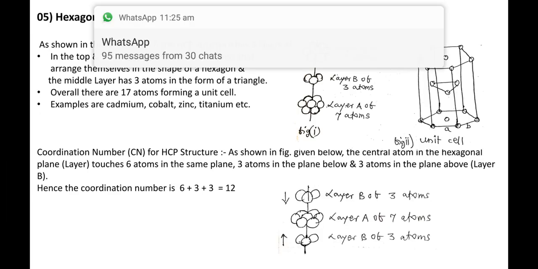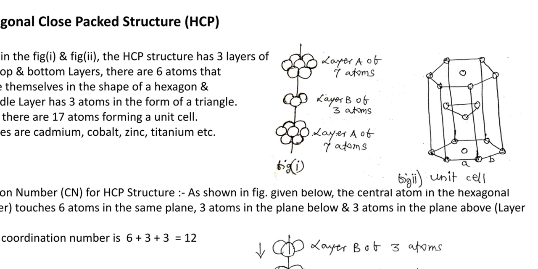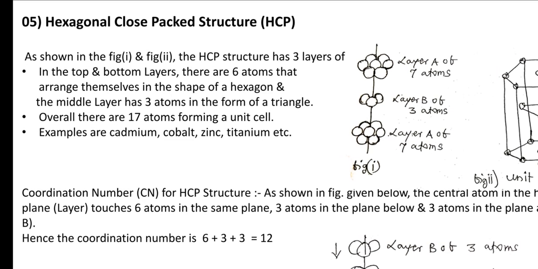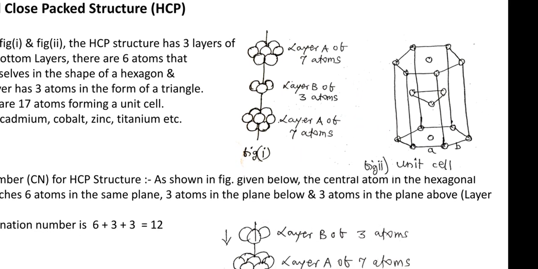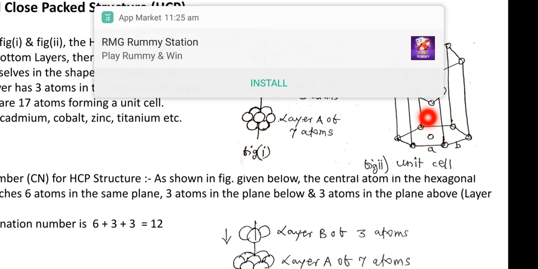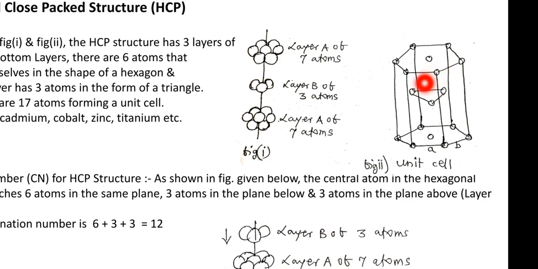Now in case of the hexagonal close pack structure, you see this is the diagram. There are 6 corner atoms on the top face, 1 center atom on the top face, again 6 corner atoms on the bottom face, 1 center atom, and in the central plane there are totally 3 atoms.